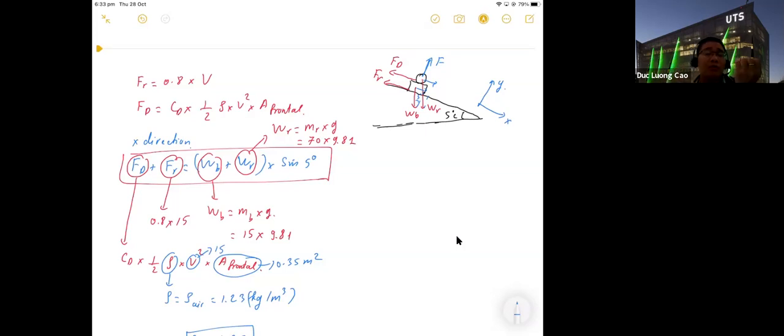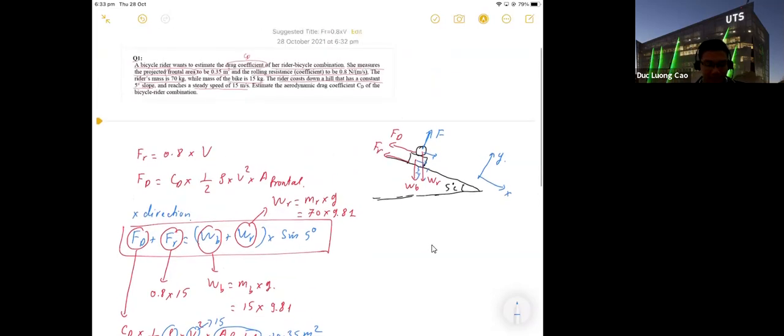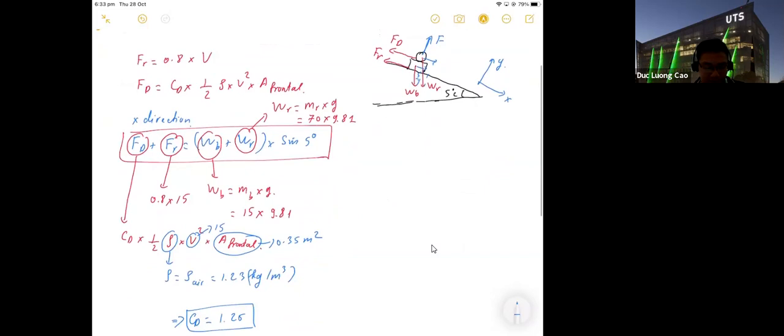And drag force and lift force depend on CD and CL, which you get from the table or the figure. In this case, just remember that we have 2 areas, frontal and planform. Planform is only used for thin bodies and foils. For the others, you use frontal. That's it, easy. Okay. First one, okay.